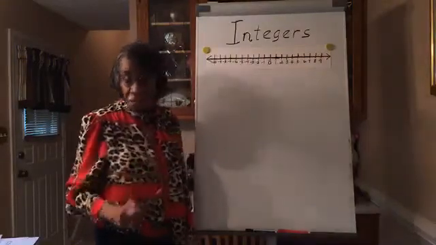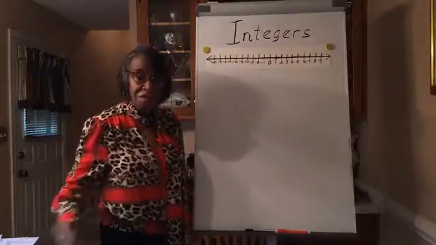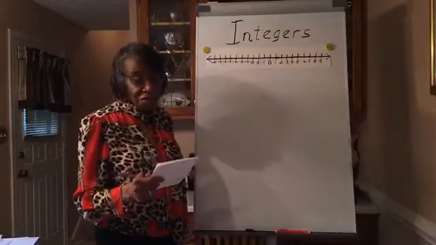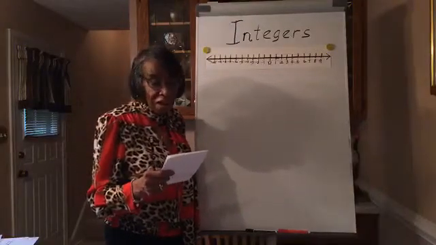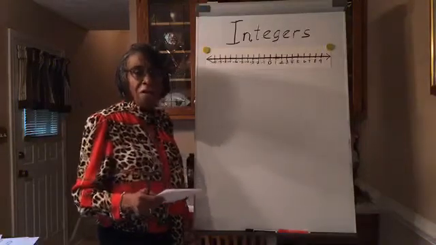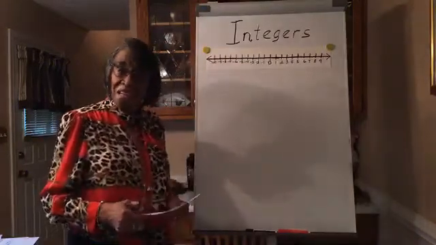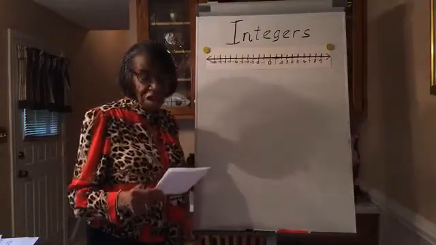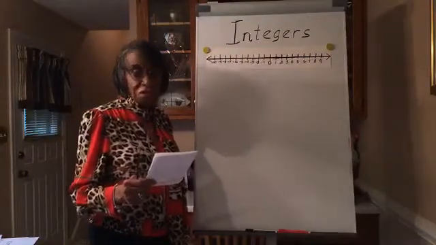That's a negative. We also use negatives with temperature. For example, the lowest temperature in Alaska was 80 degrees Fahrenheit below zero. That's really a low temperature. So that would be expressed as negative 80 degrees. The lowest temperature in Hawaii was 12 degrees Fahrenheit.